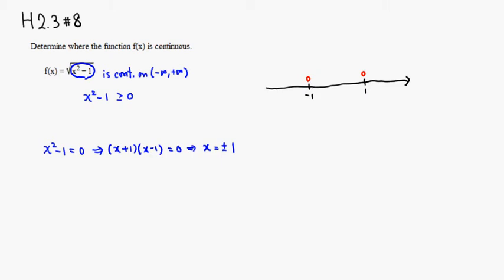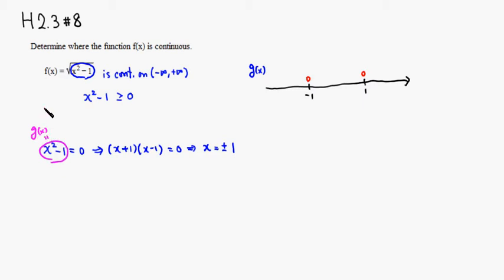Then we want to know the sign of, I'm going to call this guy f of x. Actually, sorry, I have to call it a different name because f of x is already used. The original function is f of x. Let's call this guy g of x. So this is g of x right here.